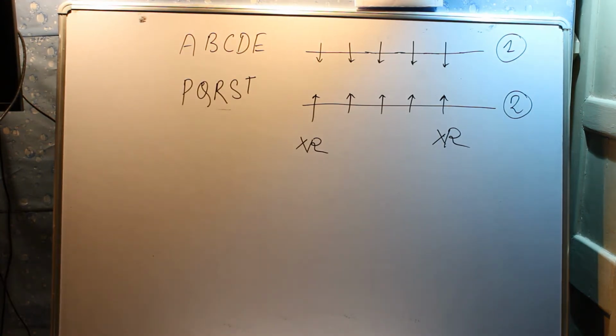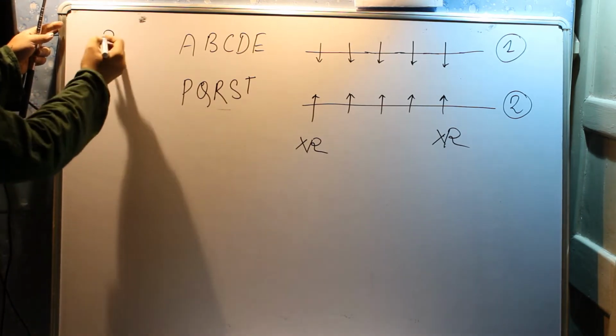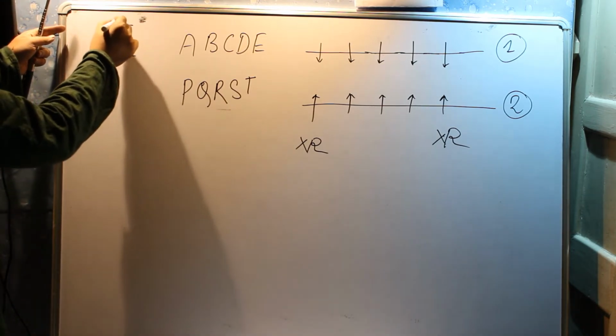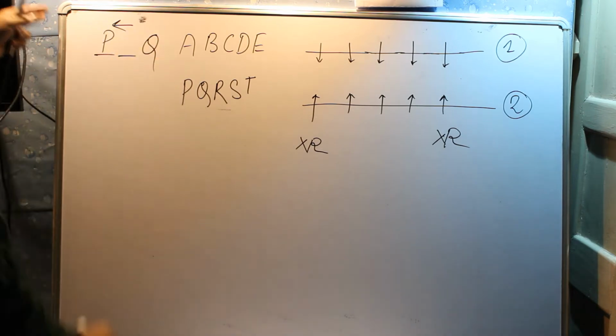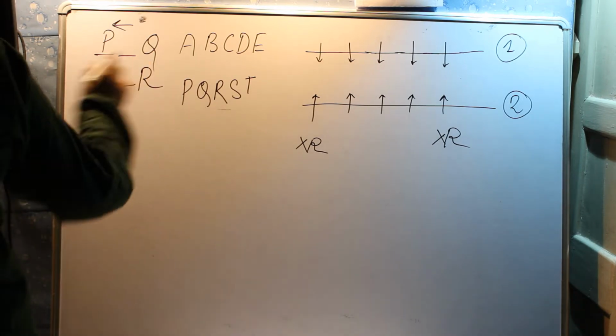P is second to the left of Q. Only one person sits between S and R. So between S and R, only one person is to be seated.